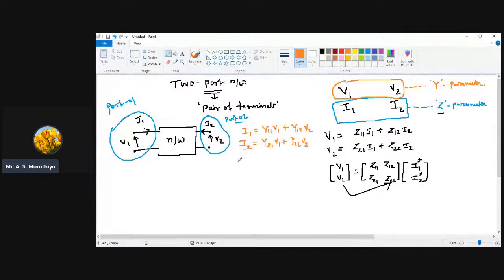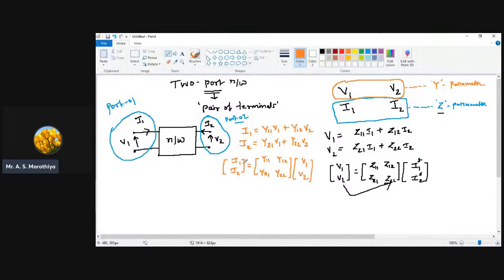Or in matrix form, I1, I2 is equal to y11, y12, y21, y22, and here we need to have v1 and v2 like this.